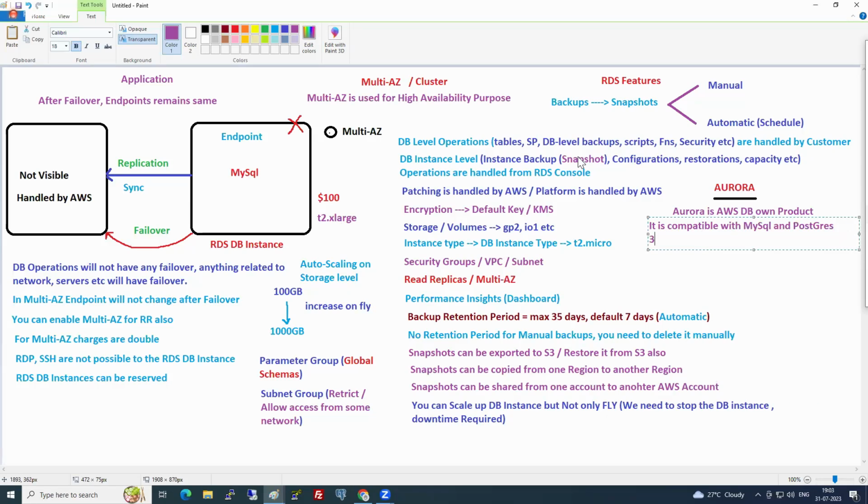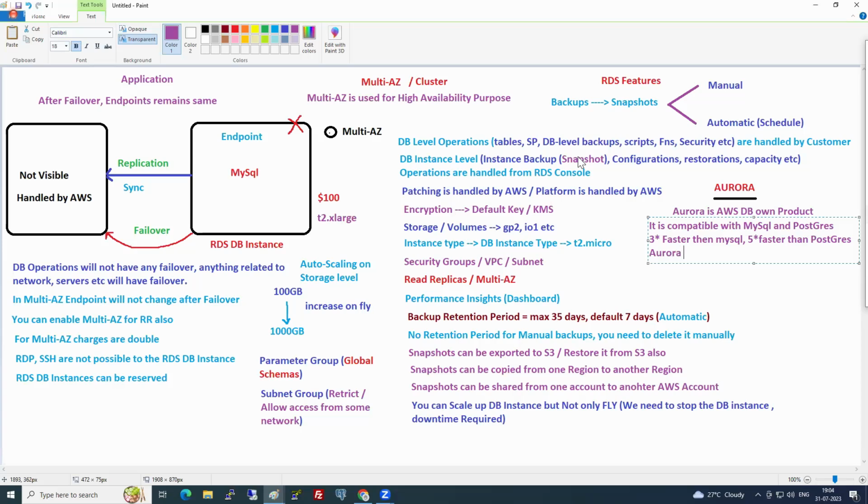If I remember correctly, 3 times faster than MySQL and 5 times faster than Postgres. Guys, it can be vice versa also. I don't remember, but it is super fast compared to these. And how many read replicas can you have?